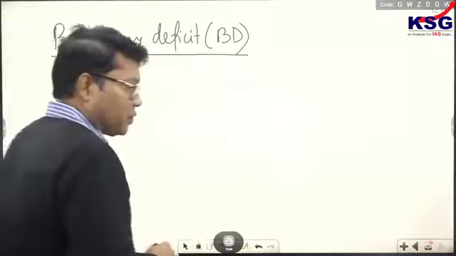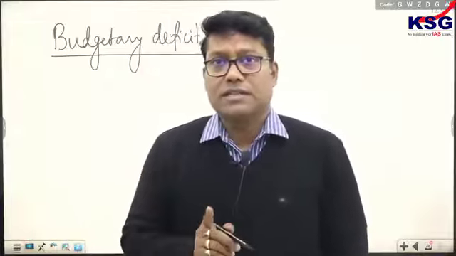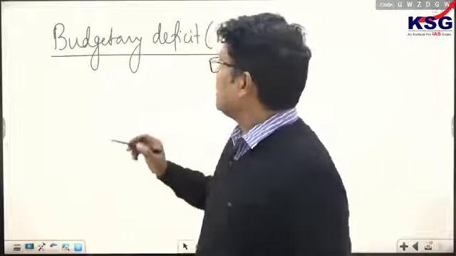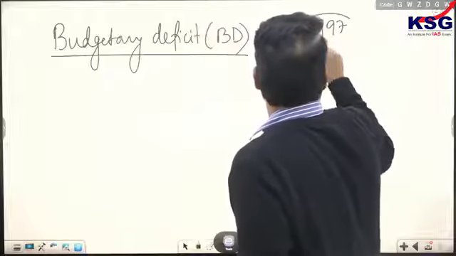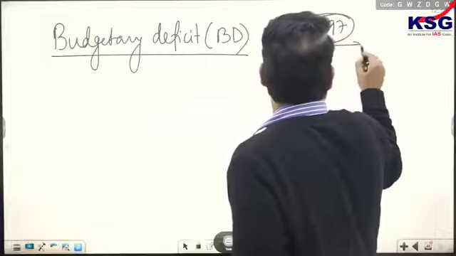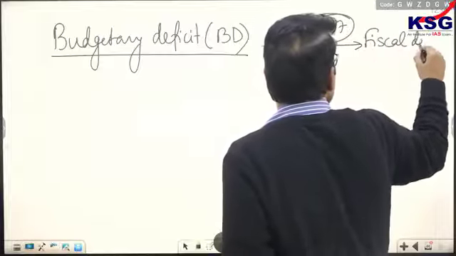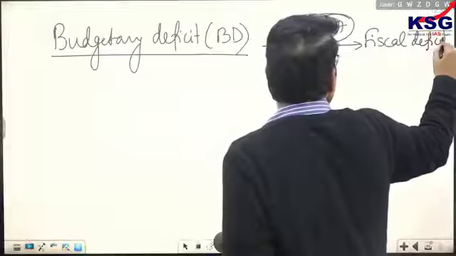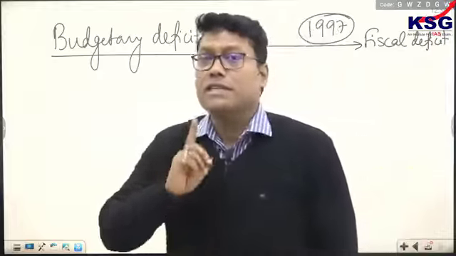As I discussed with you at the very start, the government was using the concept of budgetary deficit, but in 1997 we shifted from budgetary deficit to fiscal deficit. Clear?